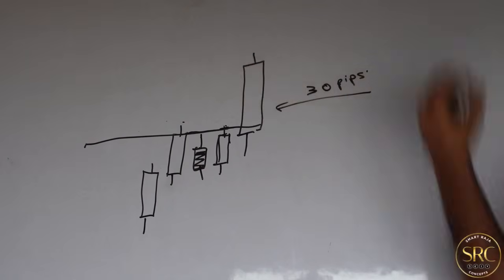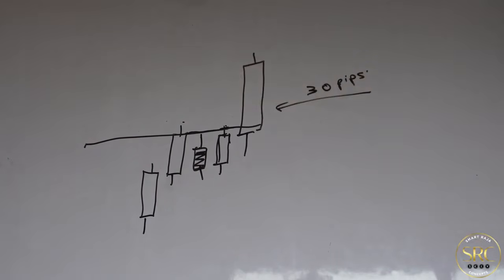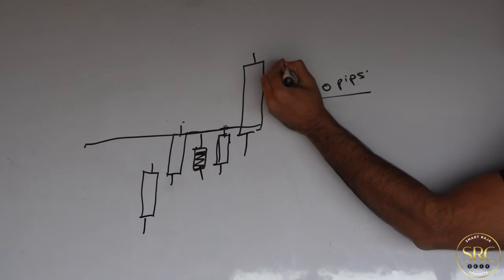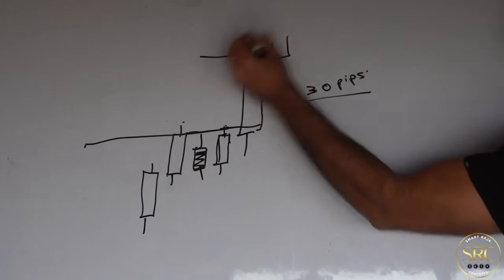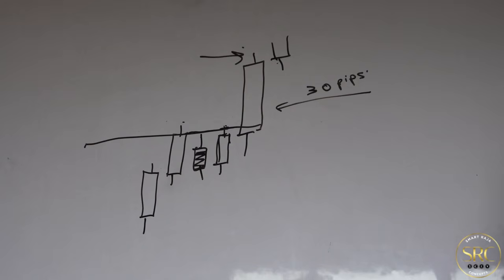It has a wick on the top. A lot of guys are going to say, okay, if the next candle makes a lower wick and breaks the high right over here, I'm going to take a buy impulse entry, because Raja said this and this.